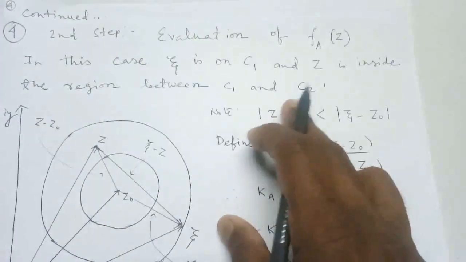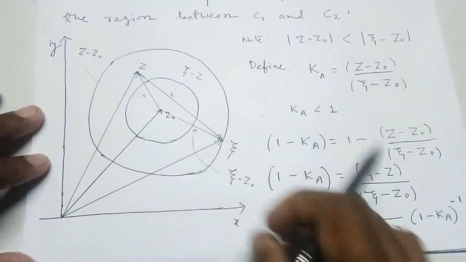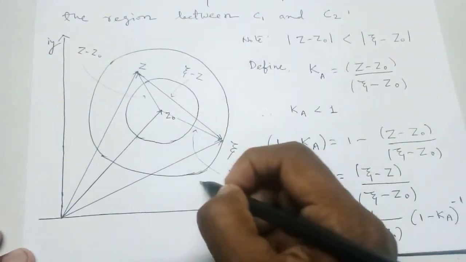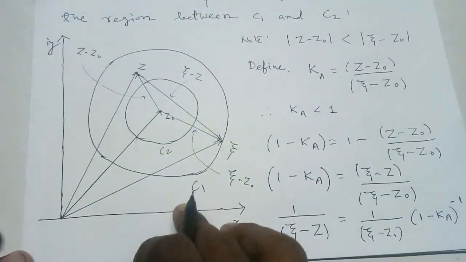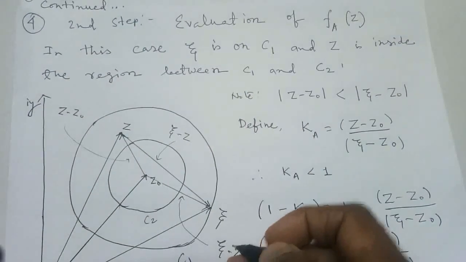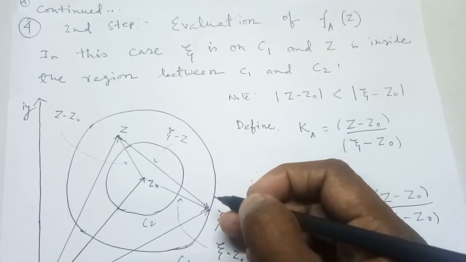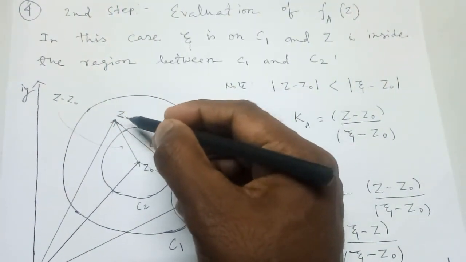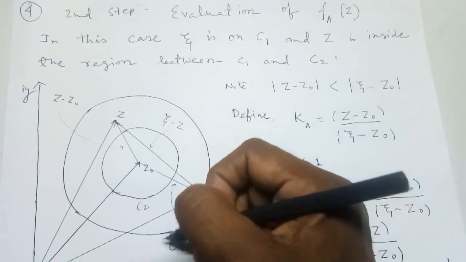To evaluate analytic part we consider again the two contours C1 and C2. This is C1 and this is C2 on complex plane. Here z0 is the center and here we consider xi on the contour C1 and the complex variable z is in the region in between C1 and C2.